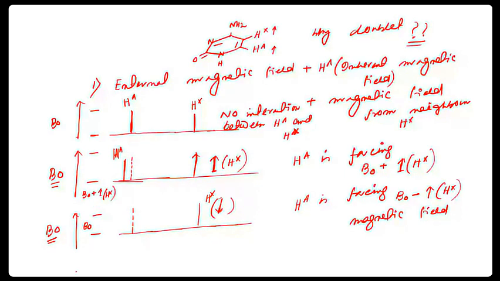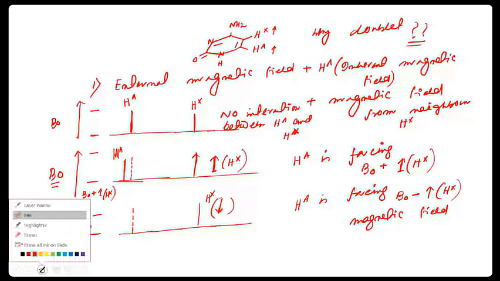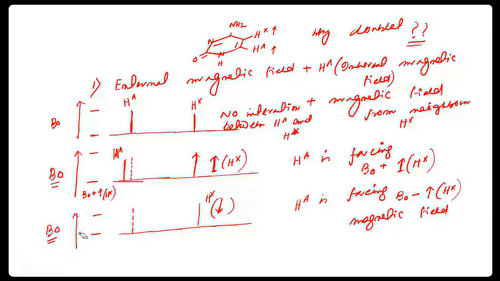Again I am erasing this part, and this part is basically for B0 minus this part HX. So now the peak will come here for HA. One is for the interaction when HX aligns along the field, and the other when it aligns opposite to the field.